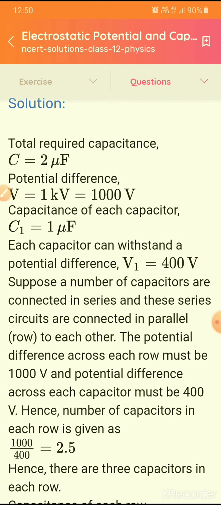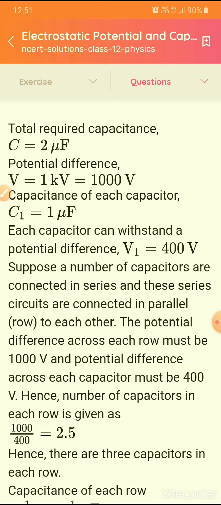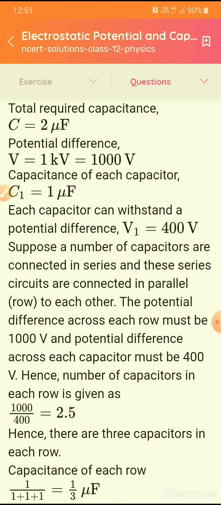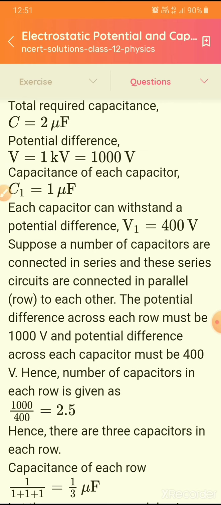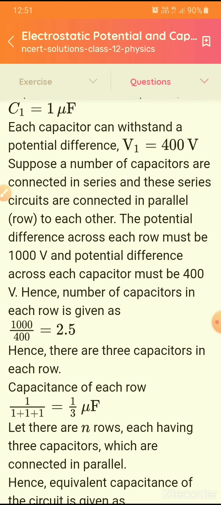So the potential difference will be V1 is equal to 400 volts. We have to find out whether to connect them in series or parallel, and how they should be connected. The potential difference across each row must be 1000 volts, but each capacitor's potential difference is 400 volts only.